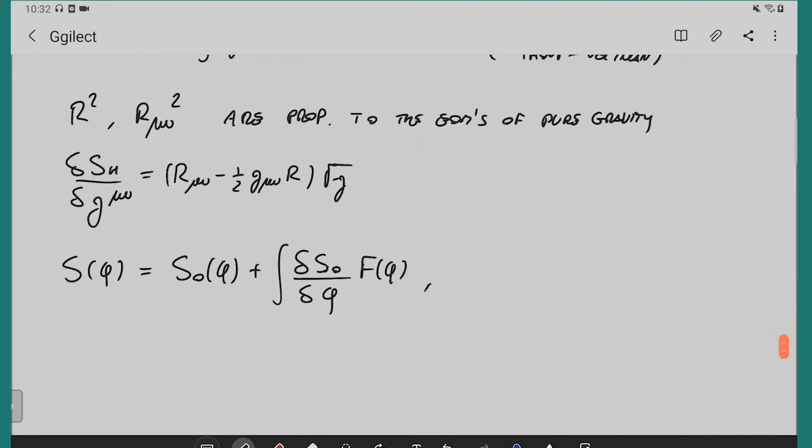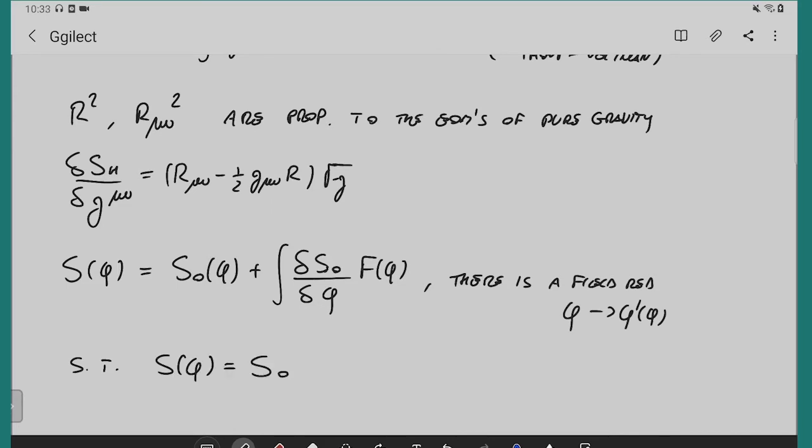Then there exists a field redefinition, phi that goes into phi prime, which is a function of phi, such that your action is just the S0 action with the field redefined.